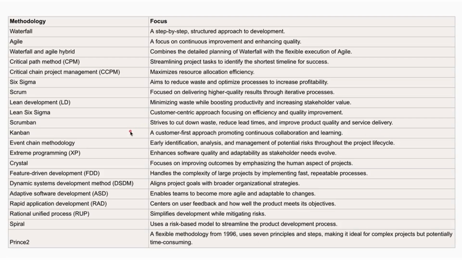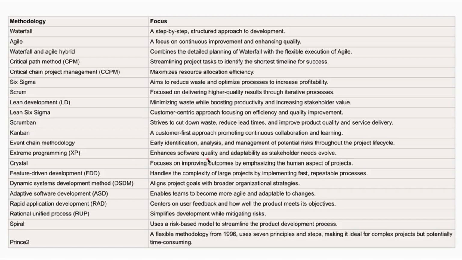And we've got Kanban here. So it's a customer first approach promoting continuous collaboration. So the next one is event chain methodology. So it's about early identification, analysis, and management of potential risks throughout the project lifecycle. So the next one is extreme programming.